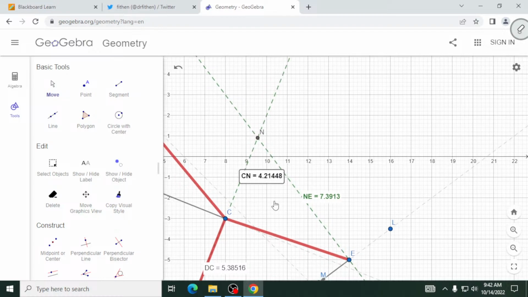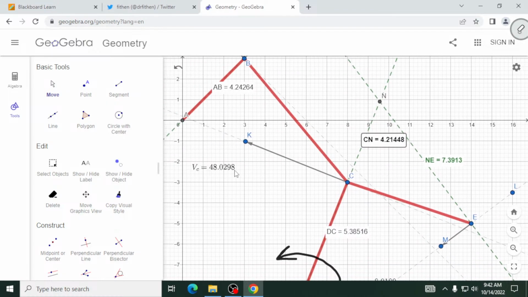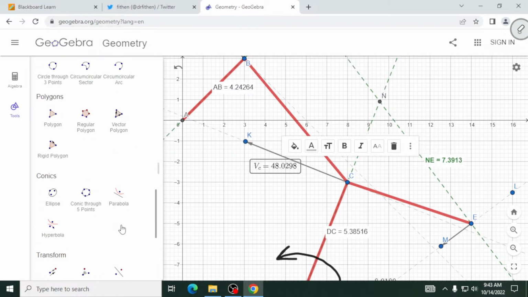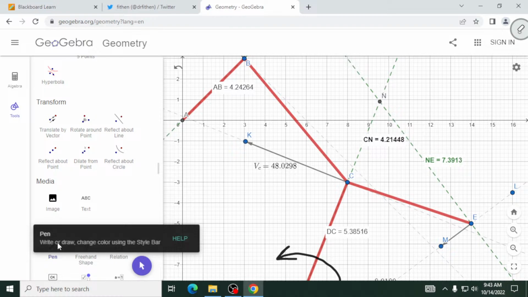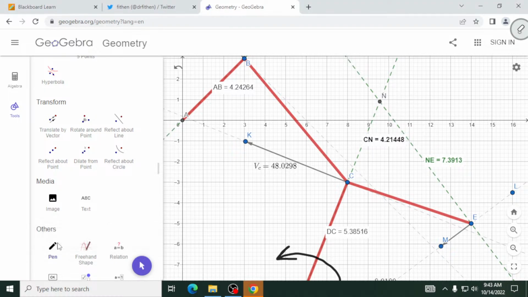So now I know the velocity right here, and I know that's the velocity of C. C exists on this rigid link, that one, and this one, but I'm interested in this one right now. I'm interested in finding the rotation that is right there.